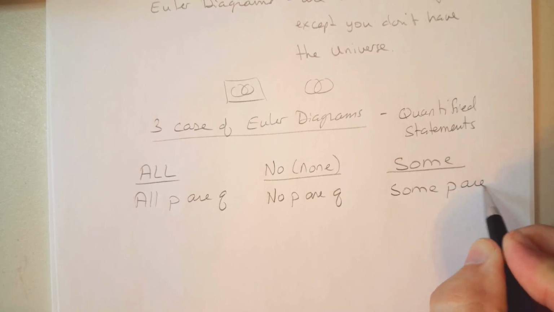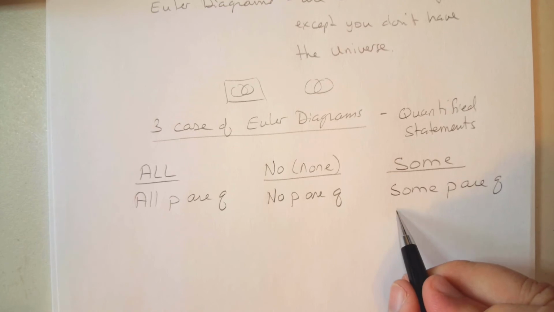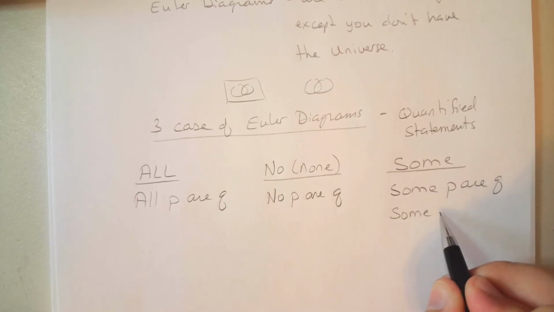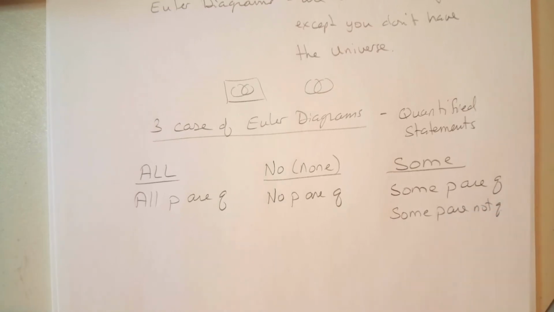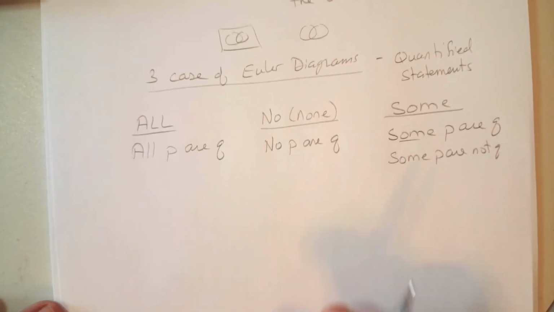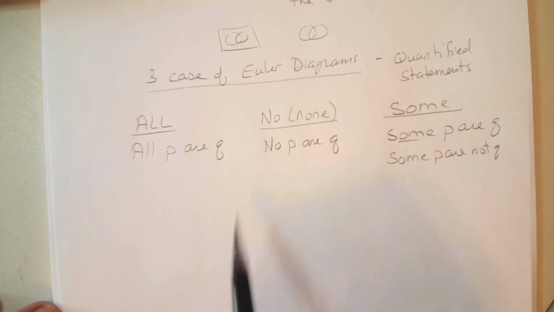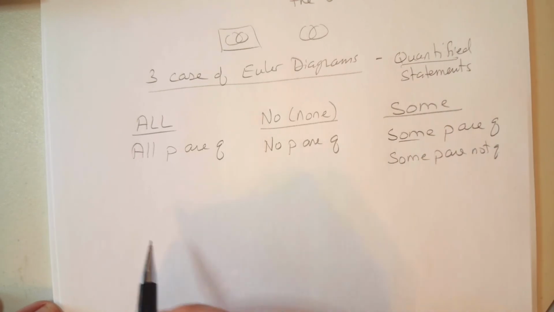Some P are Q, which also means that some P are not Q. So if you ever have the word some or none or all, then that's when you use Euler diagrams. These are quantified.